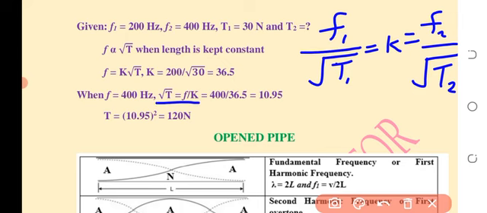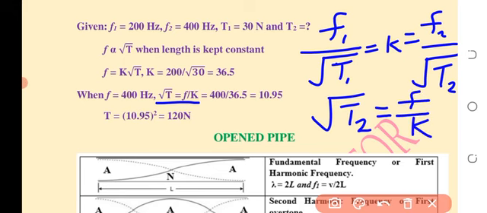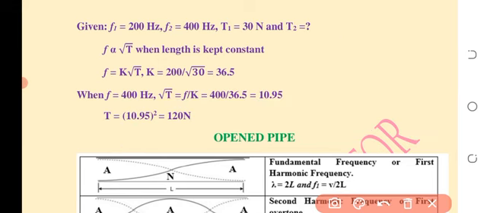Here we have root T2 equal to F2 over K, making root T2 the subject of the formula, and that is what we did here, and that gave us 10.95 as the value of root T2. And to get the value of our T2, we have to square both sides, and by squaring both sides, we arrive at this value for T2.